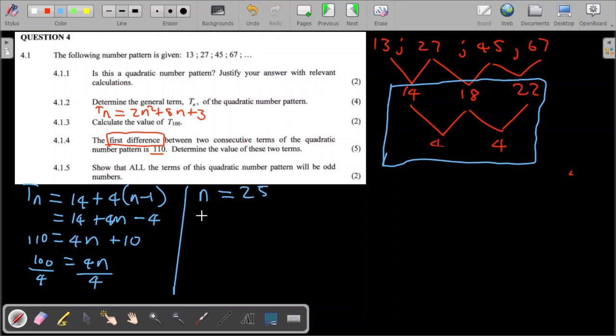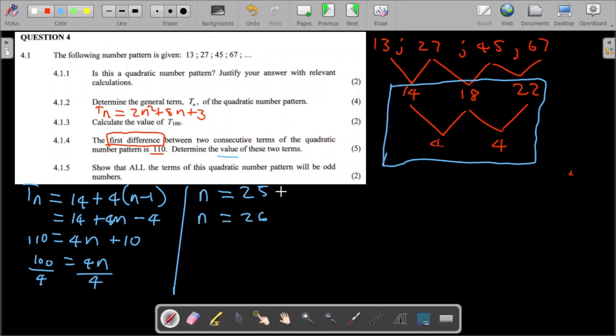Now, what is the following consecutive term? It's n equals 26. Again, they're asking us to determine the value of these two terms, so we need to substitute these n's. After getting these two terms, taking the first one, which is 25, now substituting into the original formula, it's going to be 2 into 25 squared plus 8 into 25 and then plus 3.